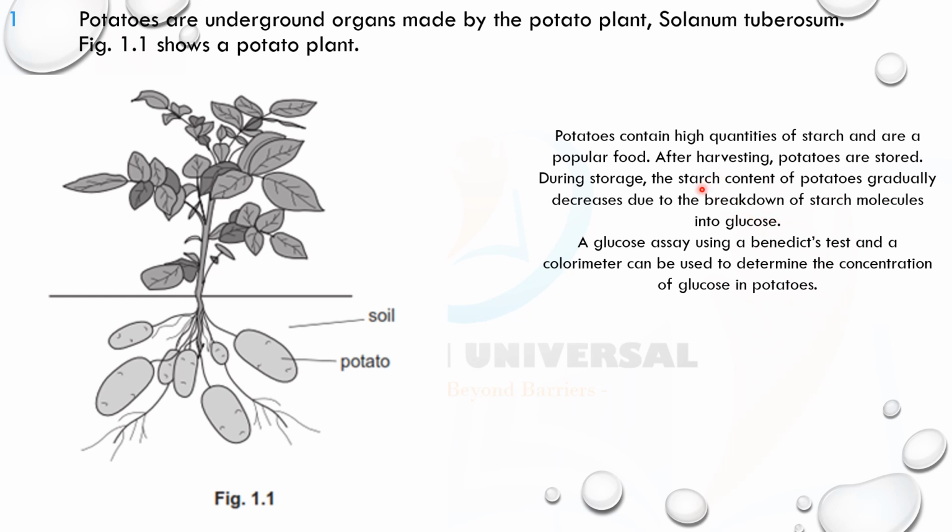So this is very important. Don't forget it. A glucose assay using a Benedict test and a colorimeter can be used to determine the concentration of glucose in potato. So let's find out how it works.